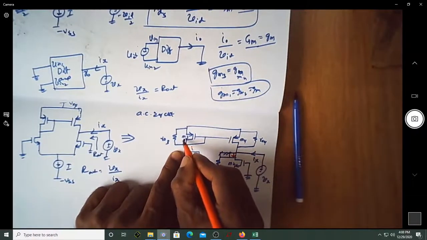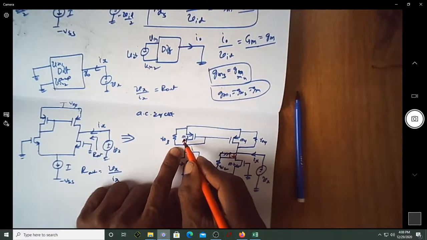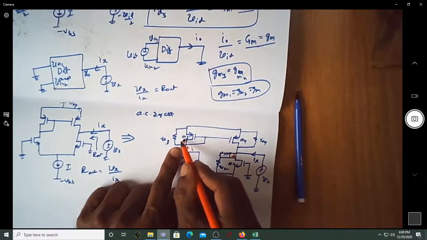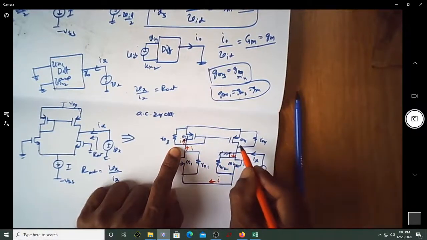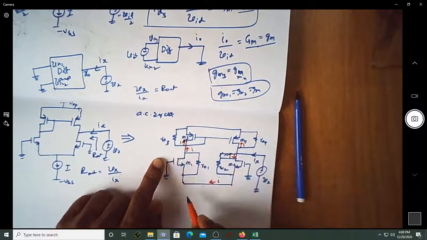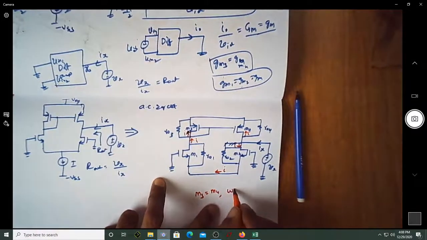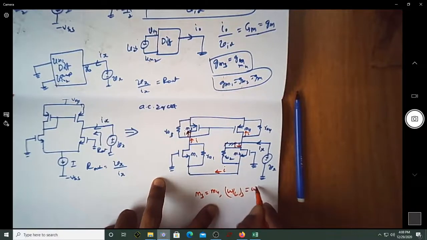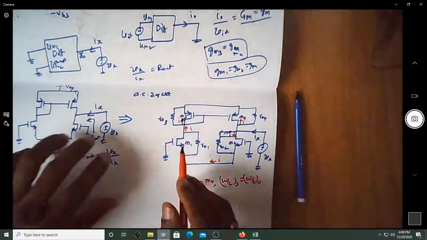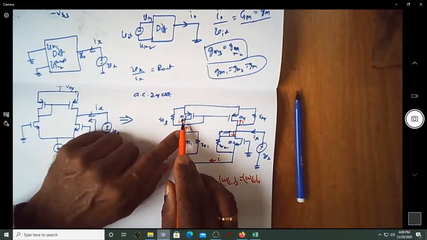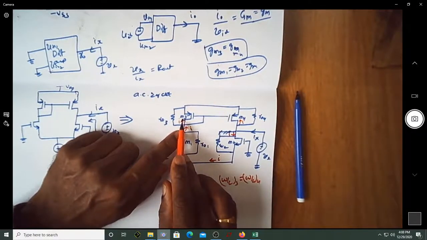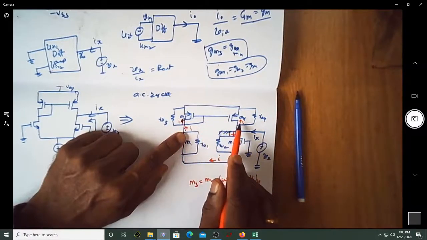Since I is flowing in this direction, this current will be mirrored in the same direction with the same magnitude I, because we are assuming that the dimension of M3 is equal to M4, meaning W by L of 3 is equal to W by L of 4, meaning whatever current is flowing in this voltage controlled current source, the same current is going to flow here also.